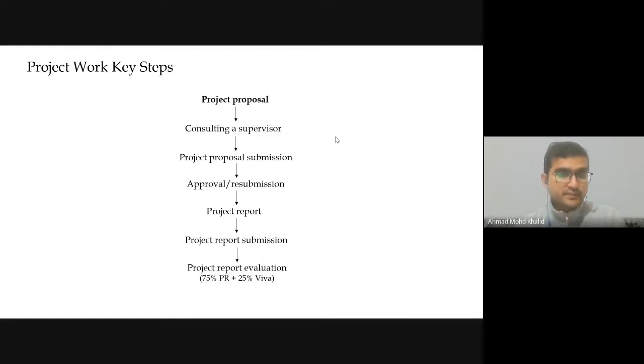In case it is approved, you move ahead and write the project report. If it's not approved, you have to resubmit it. Finally, once you write the project report, you have to submit it. That will end the requirements. As far as the evaluation is concerned, the project report constitutes 75% of the marks, and 25 marks will be for the viva, which will happen once you clear all your coursework examinations. Then you can have the viva.